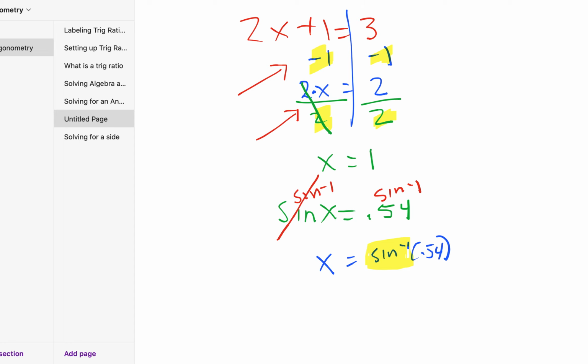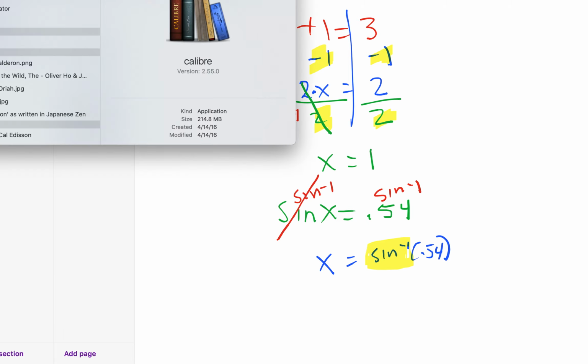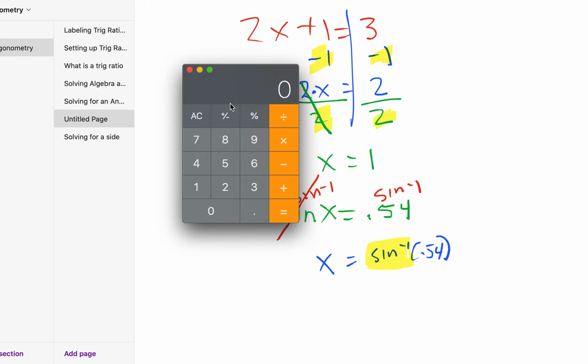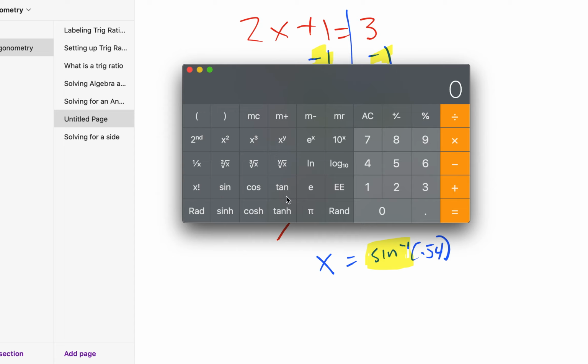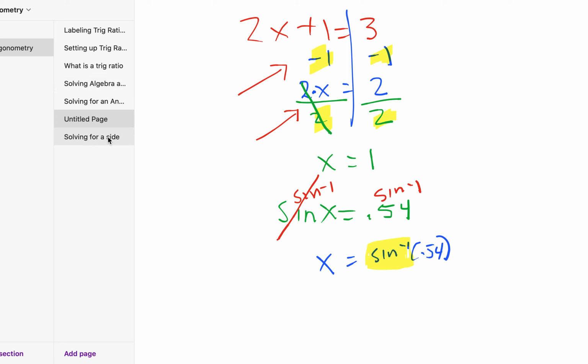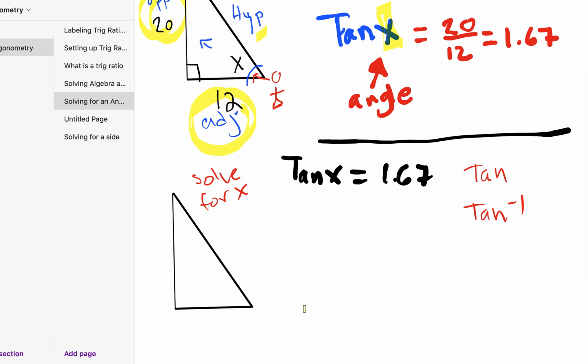Oftentimes on calculators, you use the second button to get to the opposite or inverse. Let's turn this into a scientific calculator. So here would be sine, but we want inverse sine. So we push the second button, and there's the inverse sine. So let's do this one, 0.54, and then inverse sine. So 33 degrees.